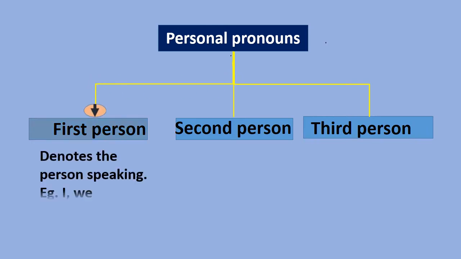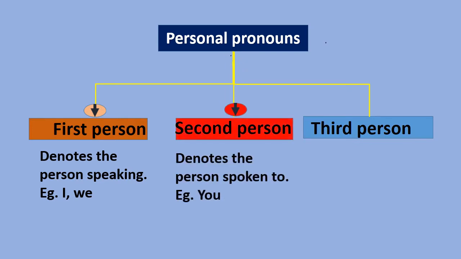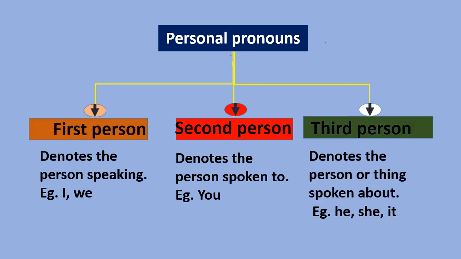The first person denotes the person speaking, and the pronouns here are I and we. The second person denotes the person spoken to, and the pronoun here is you. The third person denotes the person or thing spoken about, and the pronouns are he, she and it.